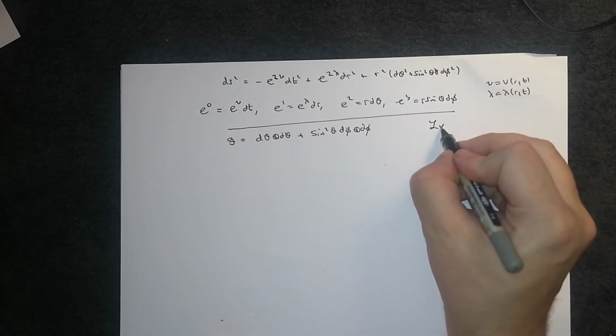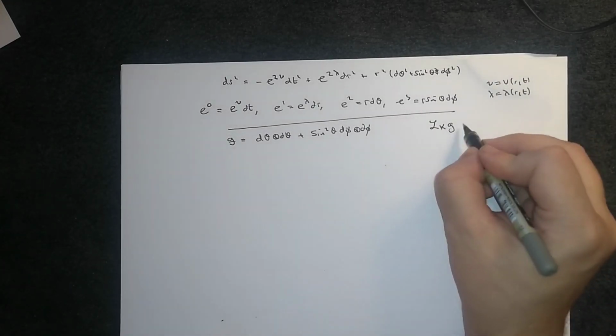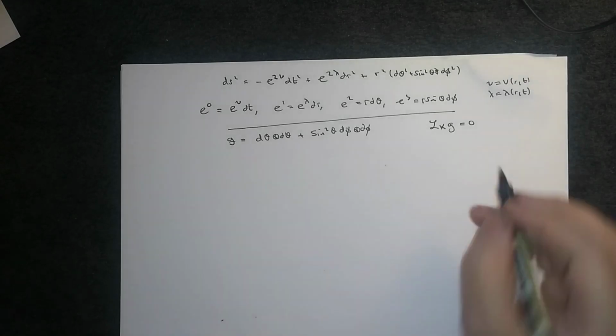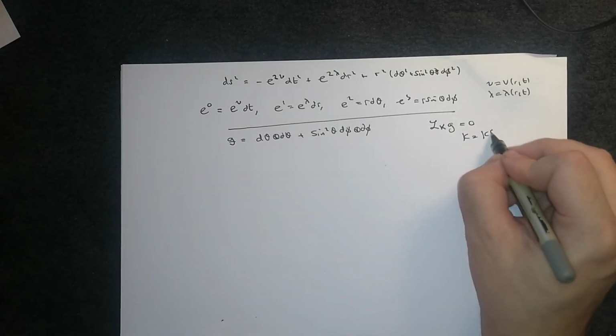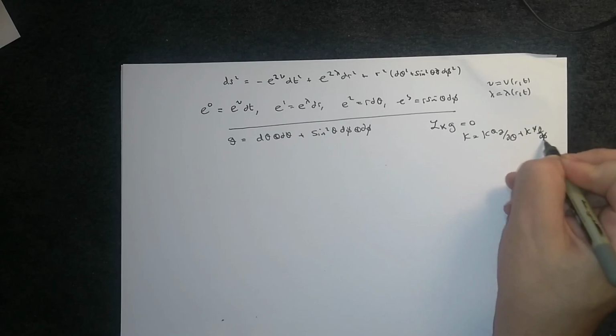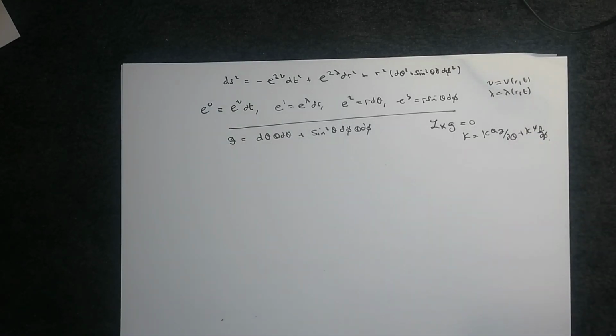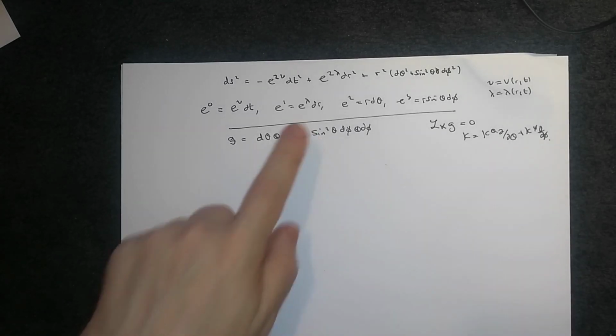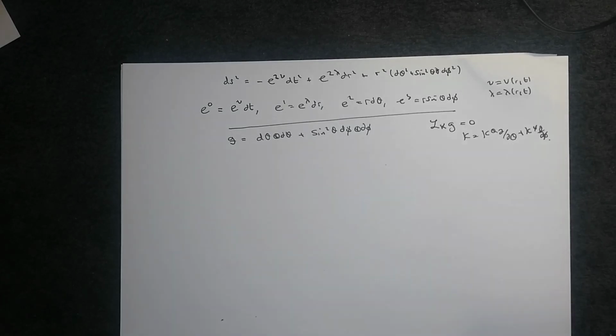So the Killing vector satisfies the Lie derivative of g with respect to k is 0. I'm going to write k as k^theta d by d theta plus k^phi d by d phi. We need to work these things out because we need to know that the magnetic field should be invariant under spherical symmetry, and so we need the Lie derivative of the field with respect to the Killing vectors of the metric here to give 0.